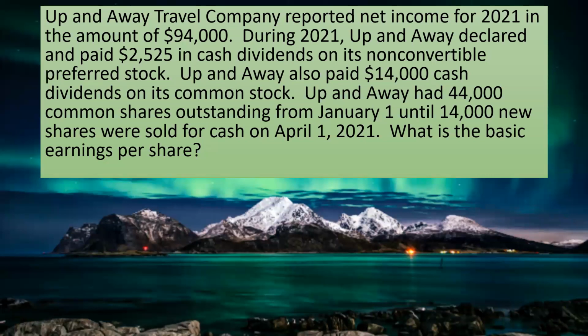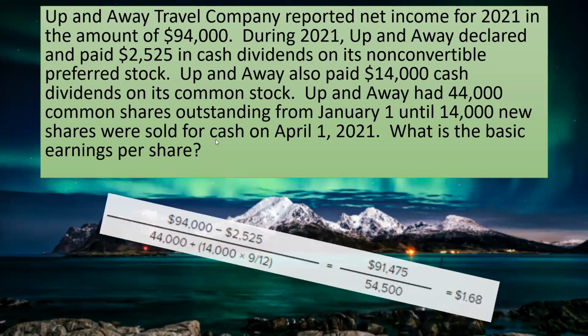So this was done in one of the more recent chapters. We've already looked at one where we just had to find the weighted average of the shares. This one we need to do the full calculation. So the numerator is going to be the income available for common shareholders.